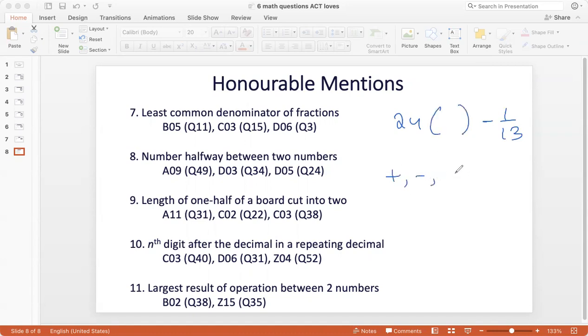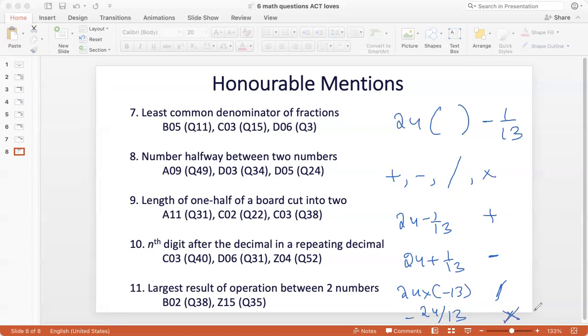Should I put a plus or a minus or a division or a multiplication to get the largest result? Now, if you put a plus, then your result is 24 minus 1 by 13. If you put a minus, it is 24 plus 1 by 13. If you put a division, it is 24 into negative 13. And if you put a multiplication, it is minus 24 by 13.